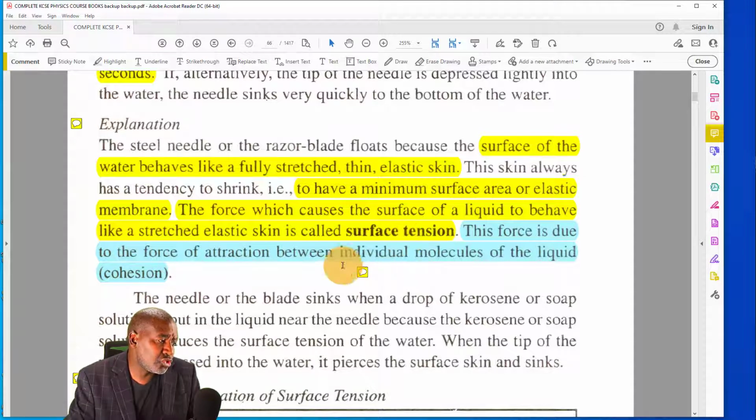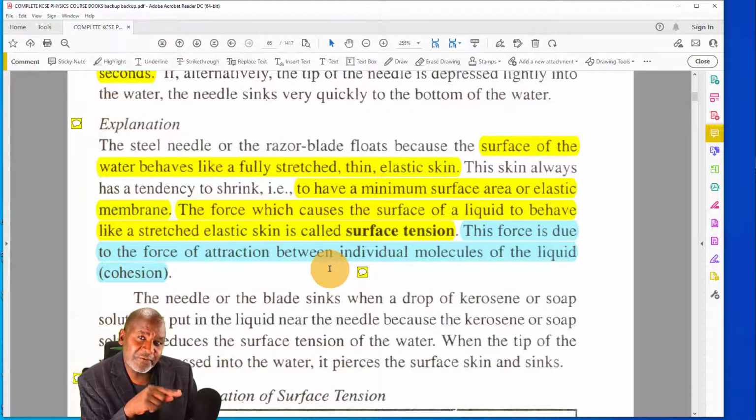This force is due to the force of attraction between individual molecules of the liquid, cohesive forces. We studied cohesion under cohesive and adhesive forces, but we can go further and look at the causes of surface tension, and it comes from the forces of attraction between molecules of the same kind.